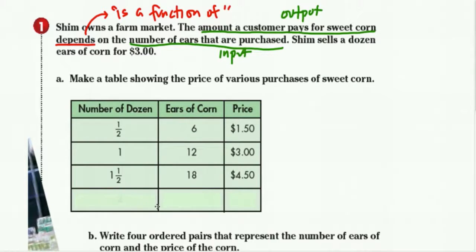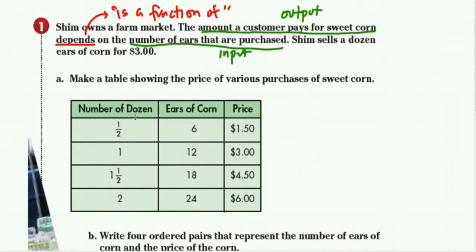And if you have 2 dozen, 24 ears of corn, you end up with $6. Again, this is dependent on the sentence. Shim sells a dozen ears of corn for $3.